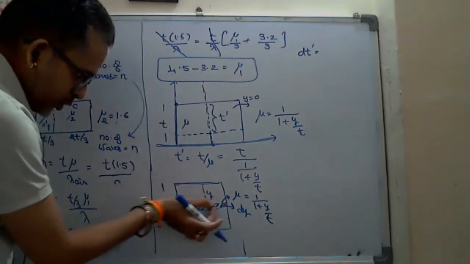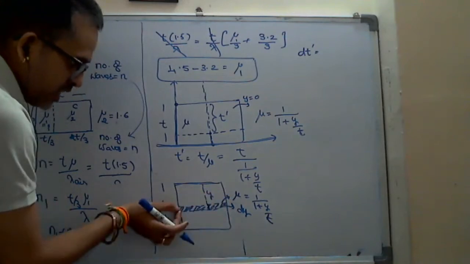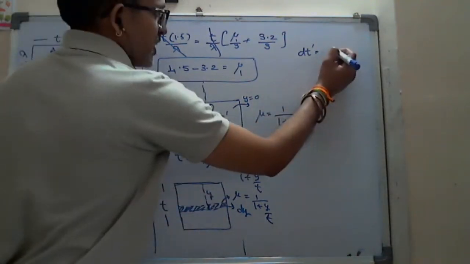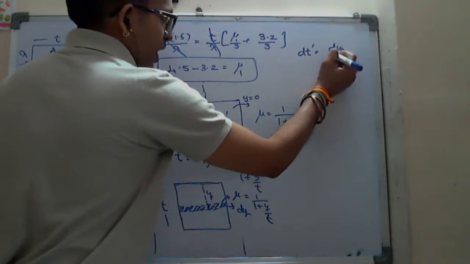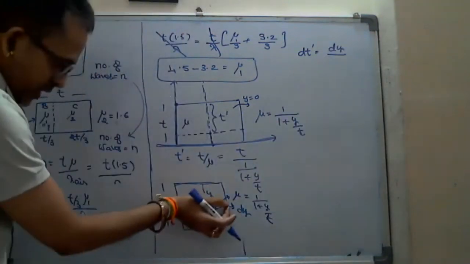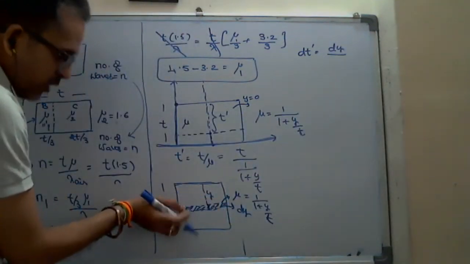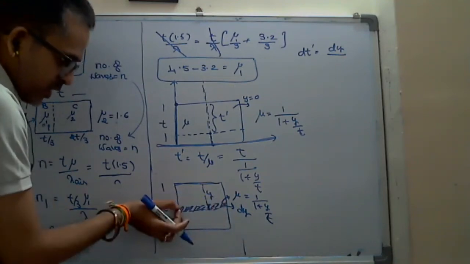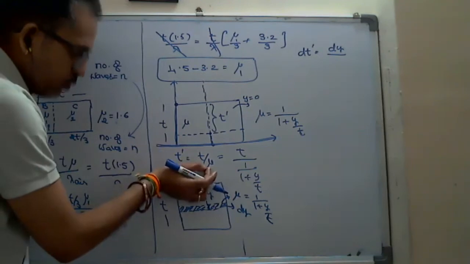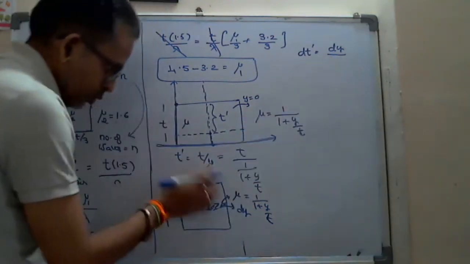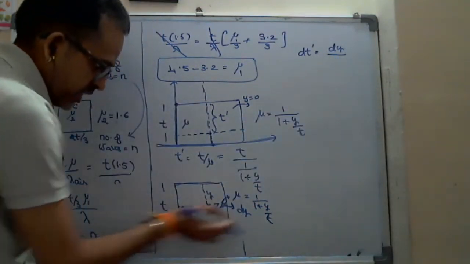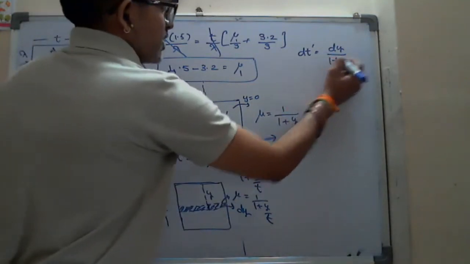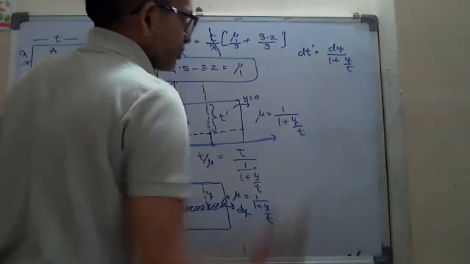Here the thickness of this layer is dy, so dt dash is equal to dy by mu, and mu at that point is 1 plus y by t.